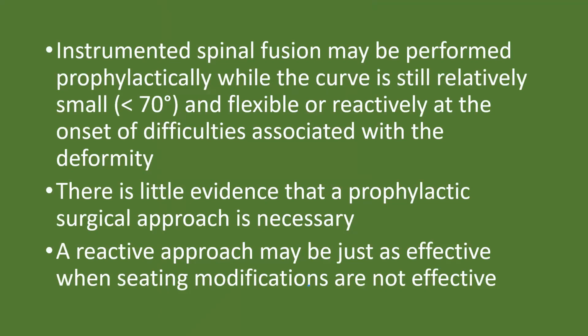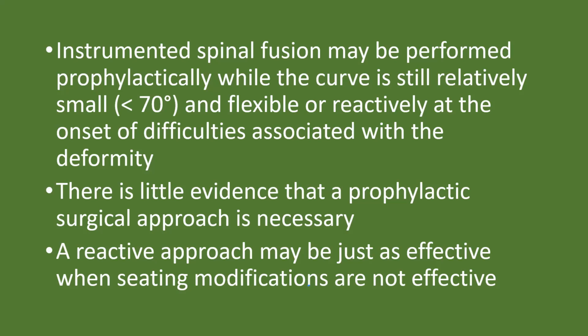Instrumented spinal fusion may be performed prophylactically while the curve is still relatively small, meaning less than 70 degrees, or reactively at the onset of difficulties associated with the deformity. There is little evidence that a prophylactic surgical approach is necessary.